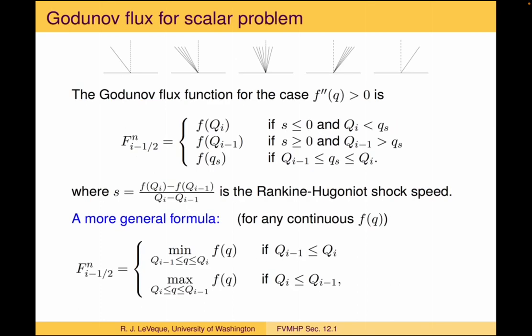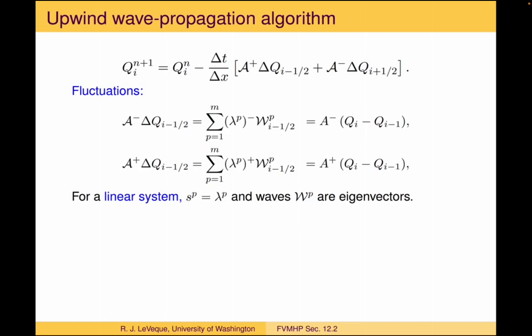Okay, so this formulation gives us a way to look at Godunov's method as a flux differencing method. But again, if we want to extend this to higher order methods, we'd like to be able to add in correction waves. And so I'm going to try to rewrite this in more like the form that we used for the wave propagation algorithm.